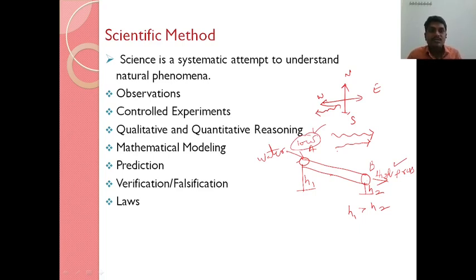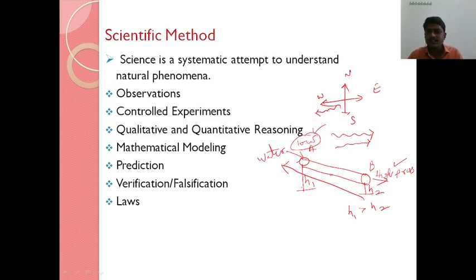The water starts flowing from B to A. So the earlier statement is not always correct. Water always flows from high potential to low potential, but there are some constraints. When you maintain high pressure at the bottom and low pressure at the top, water flows from a lower level to a higher level.